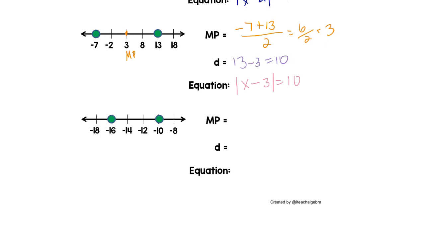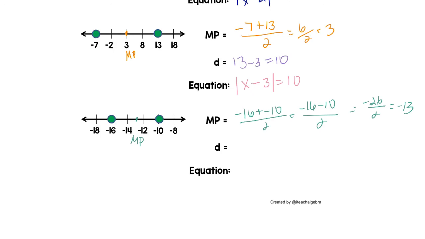Okay, midpoint is going to be negative 16 plus negative 10 over 2. That's the same thing as negative 16 minus 10 over 2. That's negative 26 over 2, or negative 13. So right there's the midpoint.